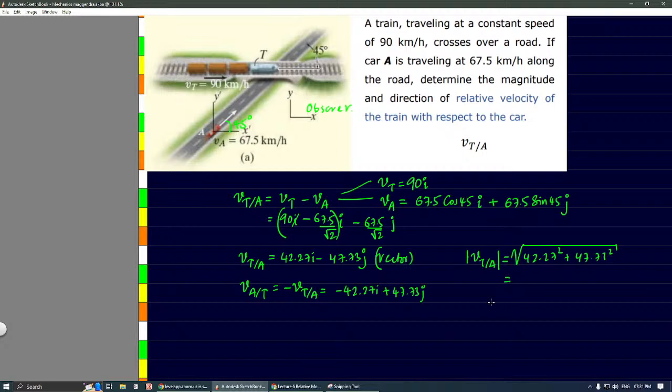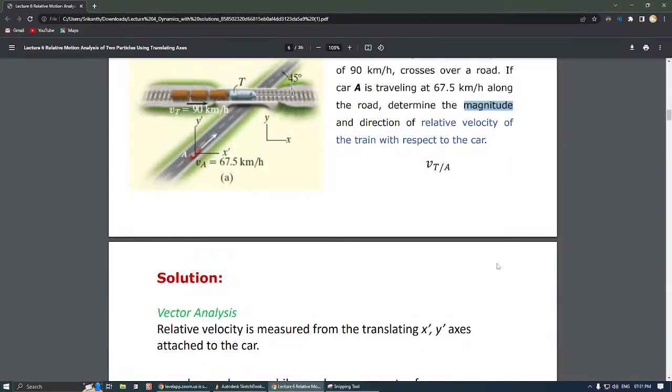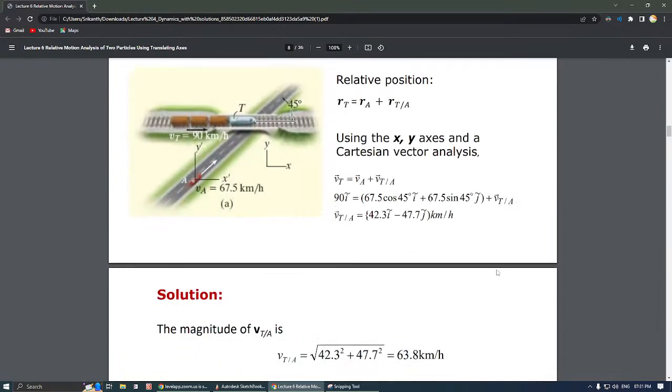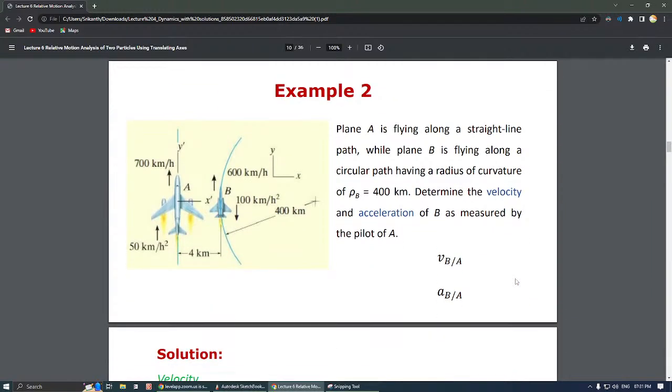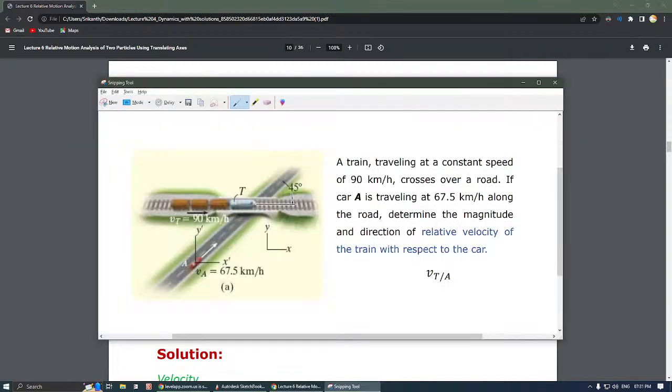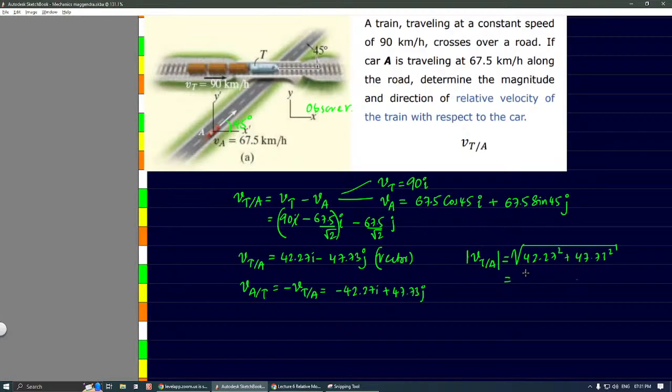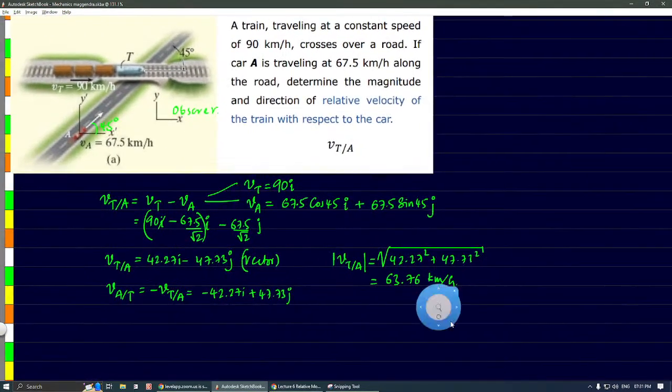What do we get? 63.76. This is in kilometers per hour, correct? Now this is the magnitude. What about direction?